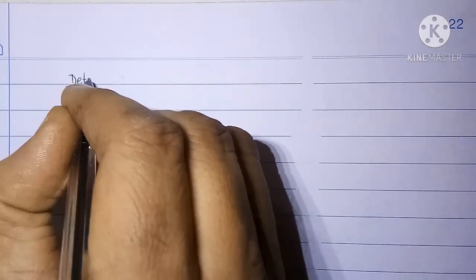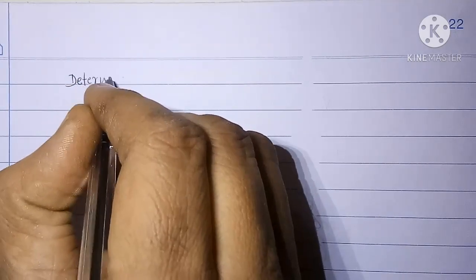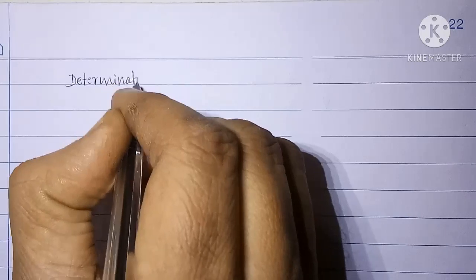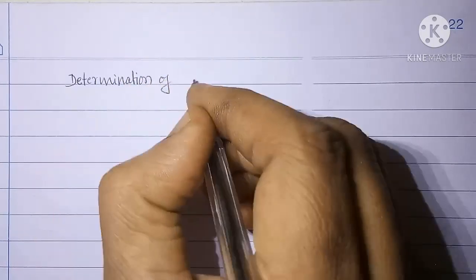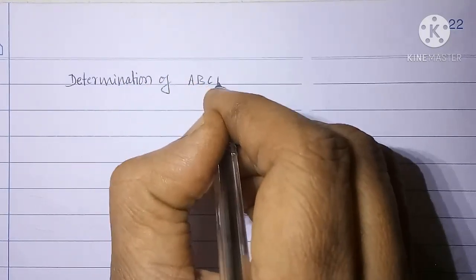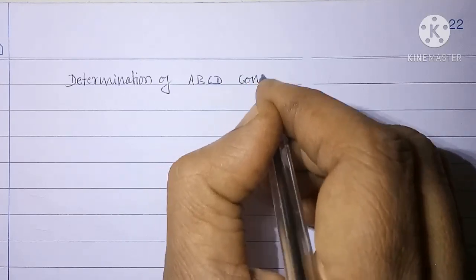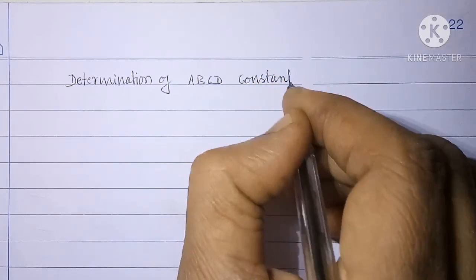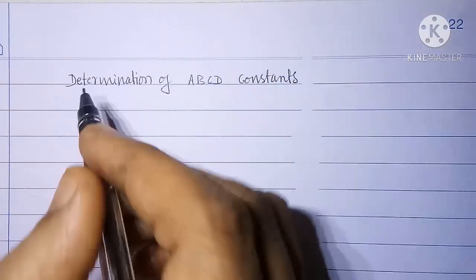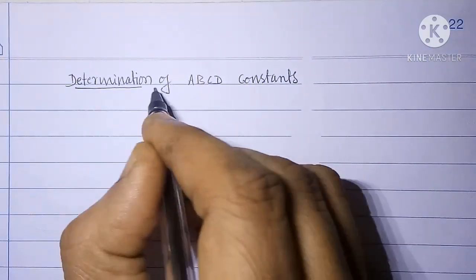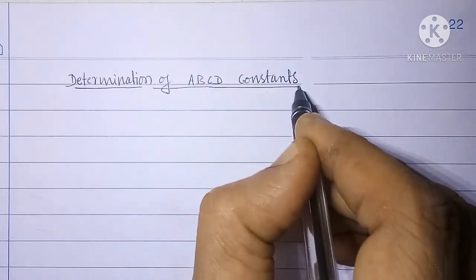Next we will take determination of ABCD constants for nominal pi network.